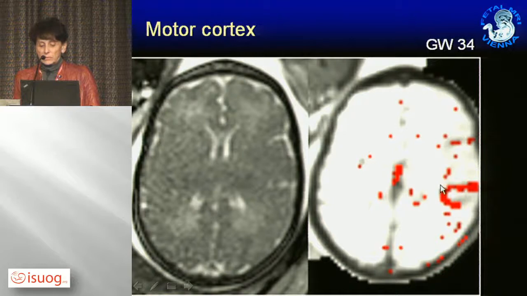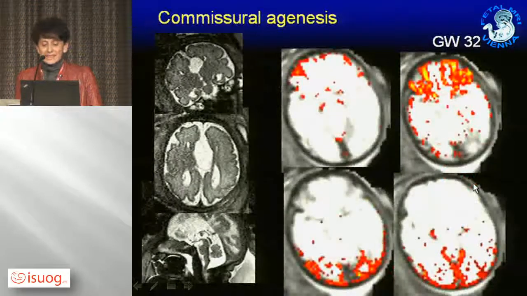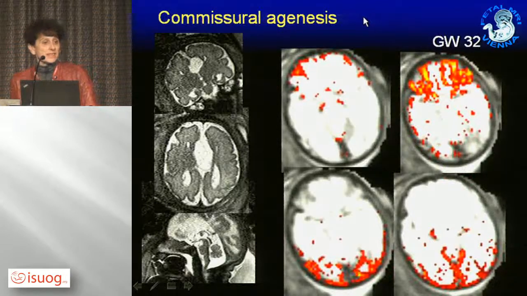to track the motor cortex down, the network that is responsible for motor functions, and to go back to callosal agenesis. Of course, we are messing around with malformations. And now look at this. This is complete commissural agenesis, even with interhemispheric cyst. It's not a nice-looking brain, but still you have a lot of frontal and occipital activity.